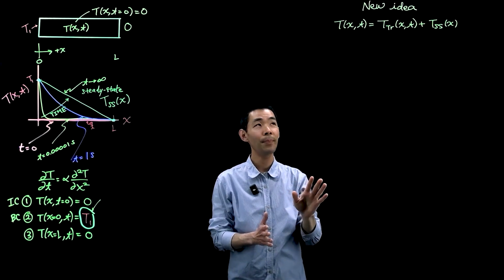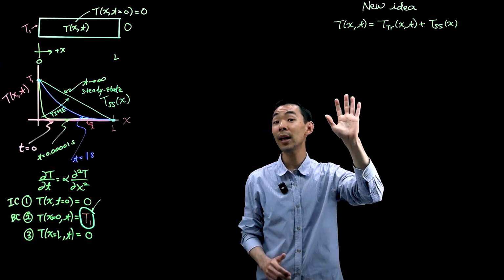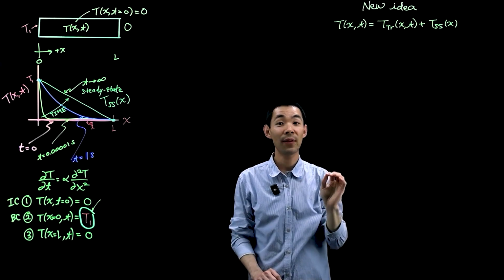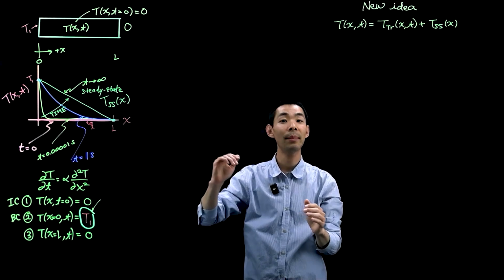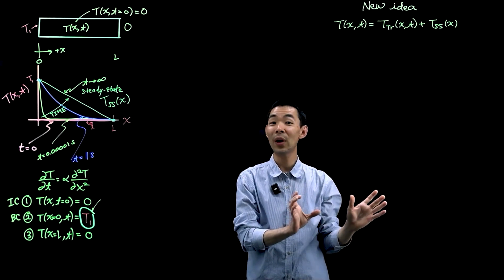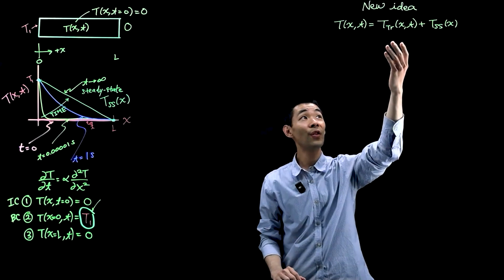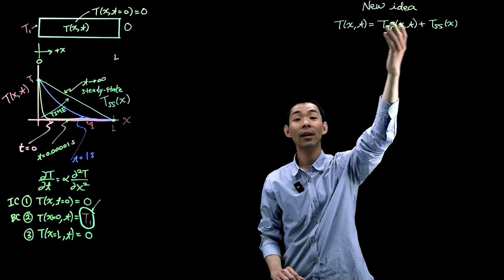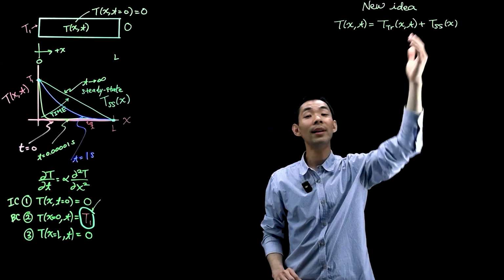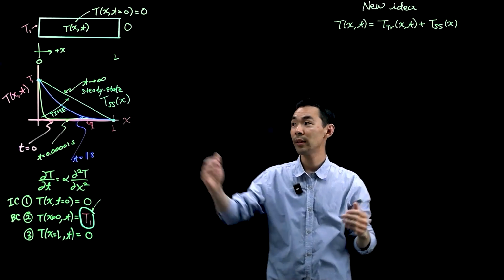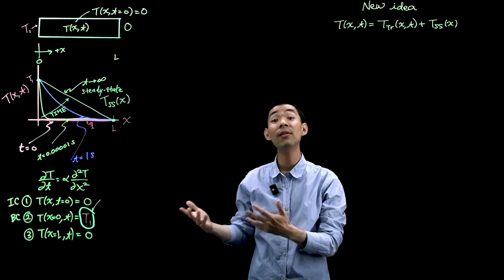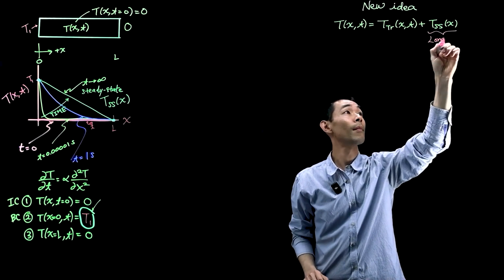That new idea is, suppose that I take the full solution, the temperature profile as a function of position x and time, and break it down into a sum of 2 functions. The first function is called the transient part, and the second part is the steady state solution, the same solution that we drew earlier for the infinite time result.